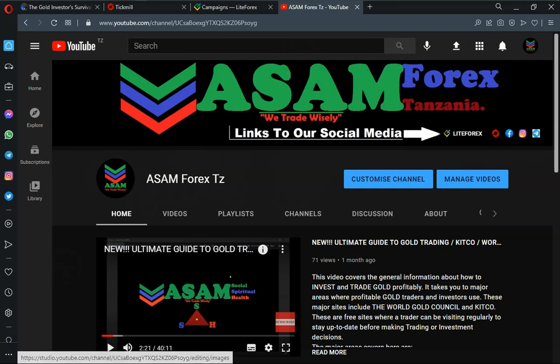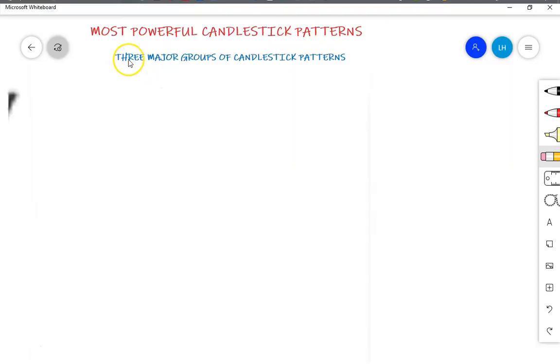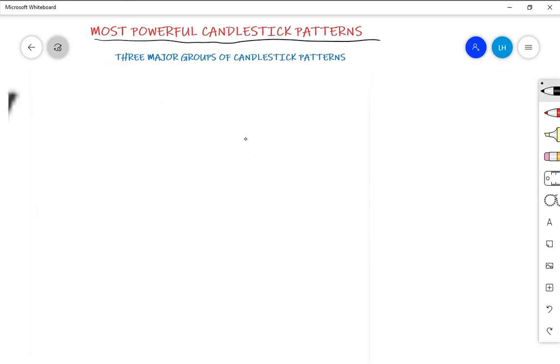Our today's content is on the most powerful candlestick patterns.